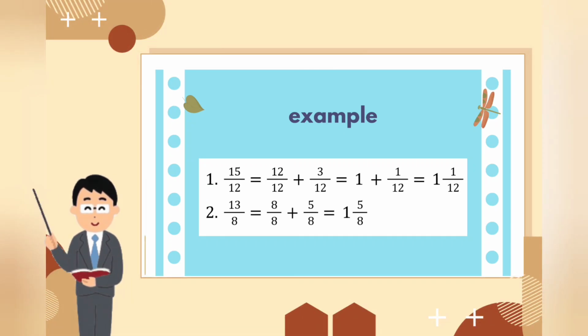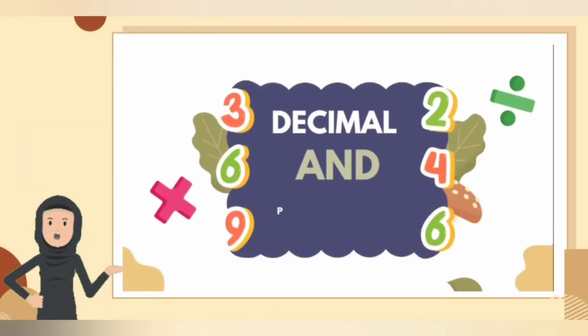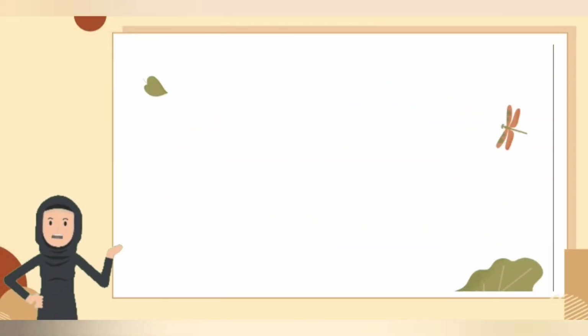Number 2, 13 divided by 8 equals 8 over 8 plus 5 over 8, equals 1 and 5 over 8. Next, we will discuss decimal fractions and percentages.